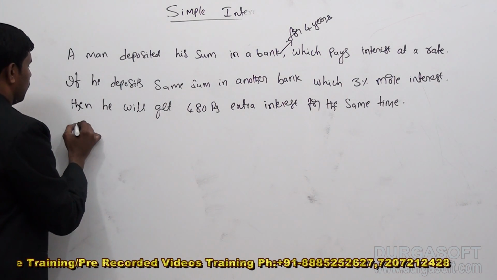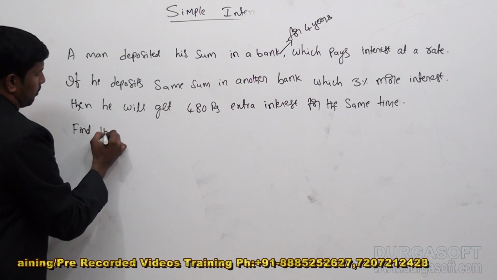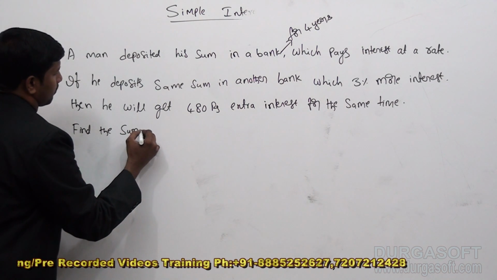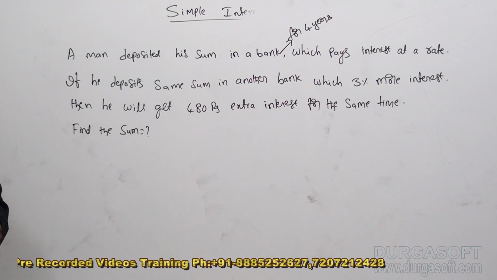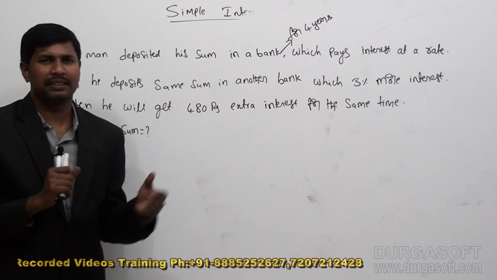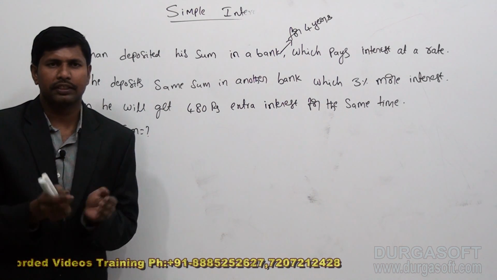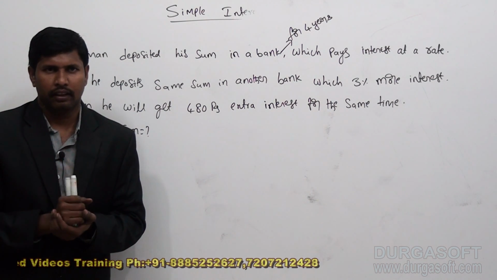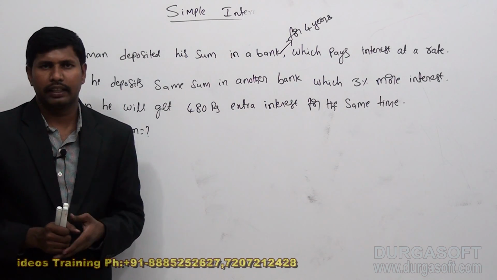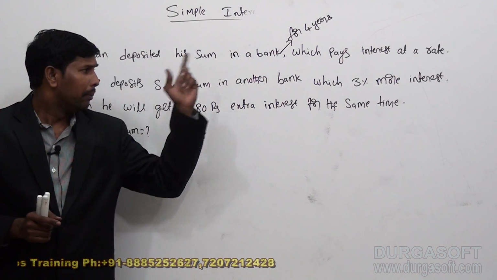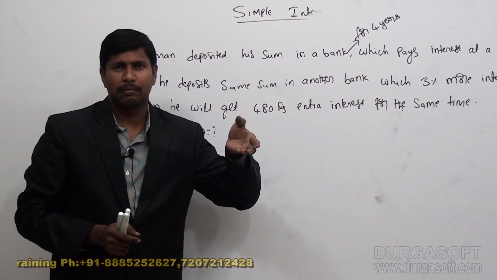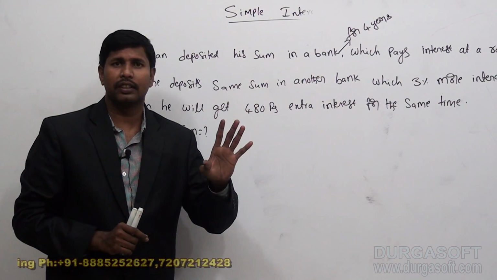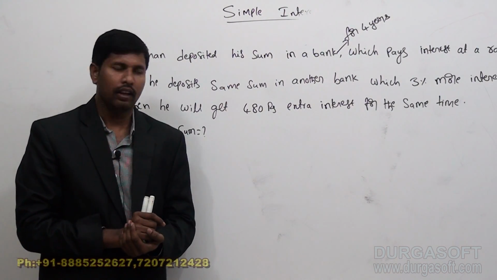Now we want the sum. Hope you understood the question. The question is very simple. A man who is having certain money deposited his money in a bank, and the bank was paying some interest, and the money was deposited for 4 years.